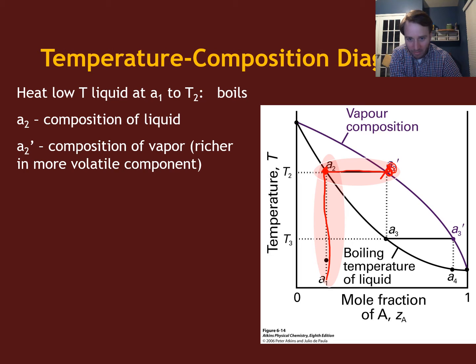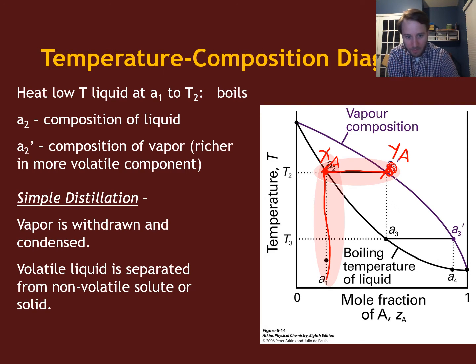So I have some liquid which has some mole fraction of A in that liquid phase. I start boiling it off to the vapor phase, and when it reaches the vapor phase, it has some mole fraction of A in that vapor phase. They are different from each other. Simple distillation is then you just take out this gas, condense it down, and that is your final product.